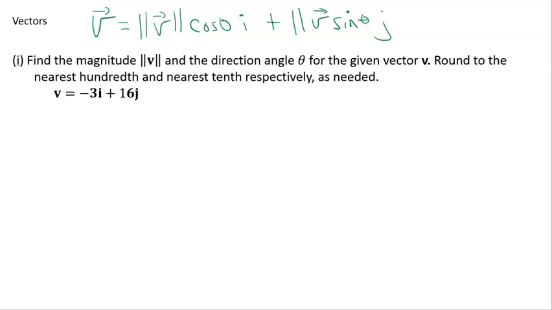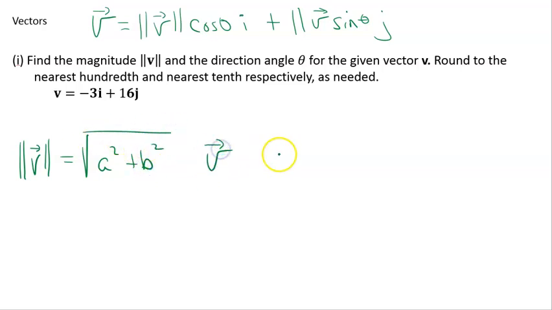Now you already know how to find the magnitude. We did that before. So the magnitude of V, remember the absolute value bars, is the square root, formula-wise, of a squared plus b squared, where a and b are the component values of the vector. So ai plus bj. That's just the general formula right there.